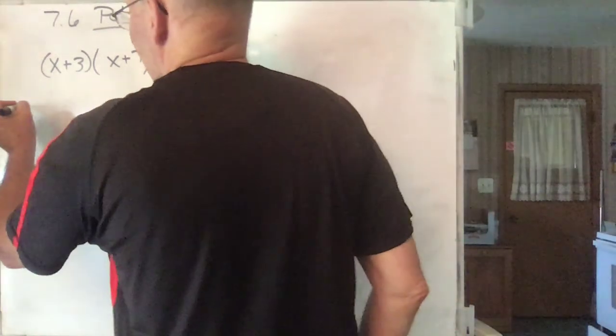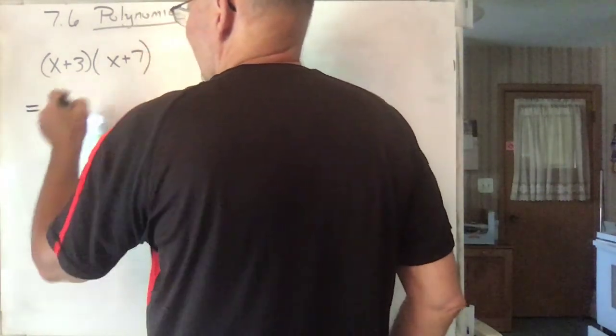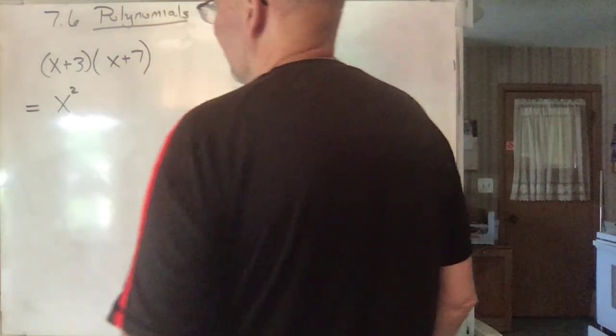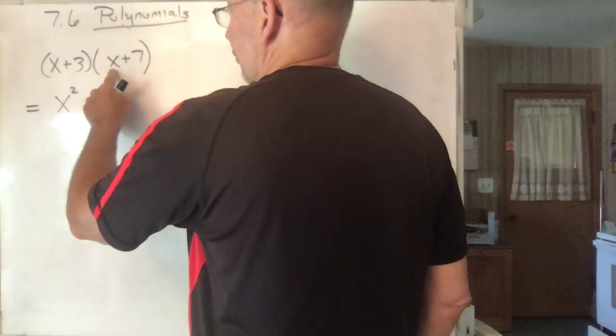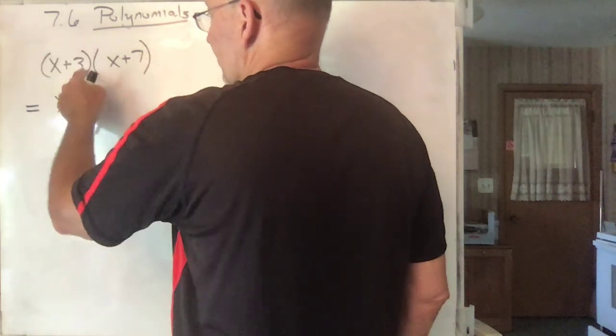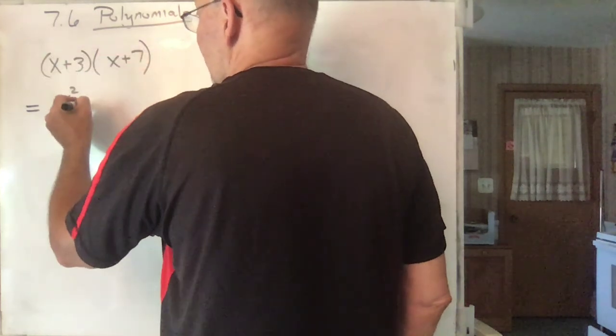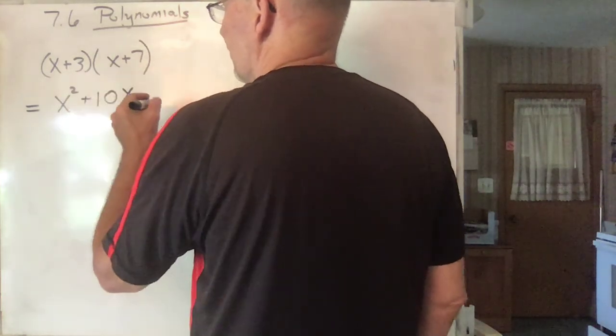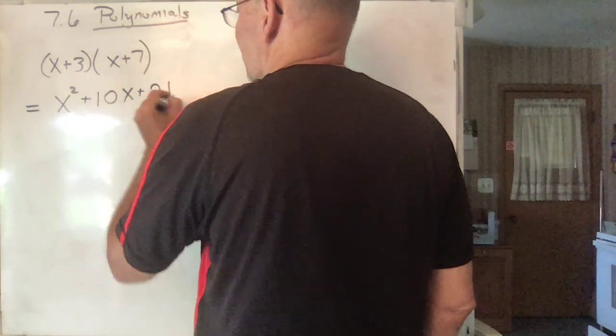So if we use FOIL on that, what are we going to get? x times x is x squared. Can I start doing a couple steps in one? Here you have 3x, and here you have 7x. 3x and 7x is going to be 10x. And then here you have 7 times 3 is 21.